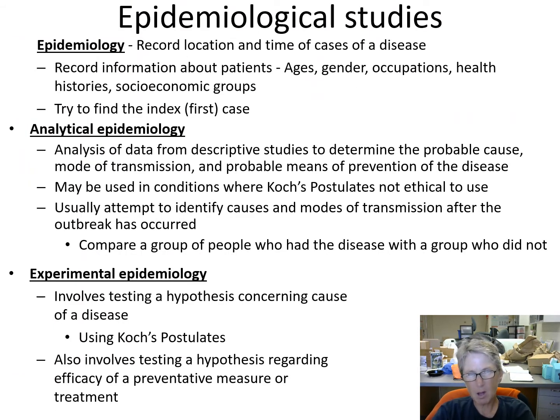If you're an epidemiologist, basically you record location and time and cases of a disease. That's the very minimal thing you do. And then you can do all these other things. You can also be a different type of epidemiologist. You can be an analytical epidemiologist. You can be an experimental epidemiologist. But check this out. Remember Koch's postulates?